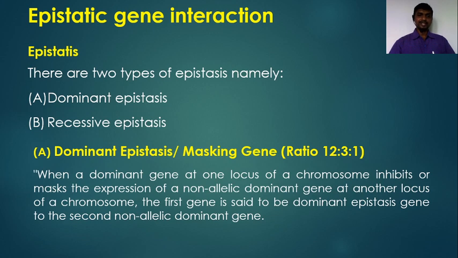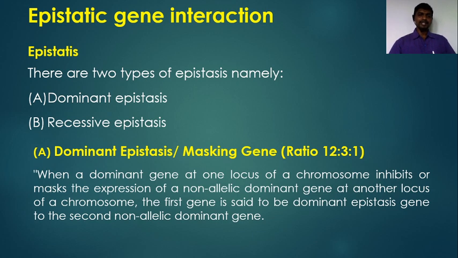In this case, a dominant allele of a gene at one locus inhibits or masks the expression of a non-allelic dominant gene at another locus. The first gene is said to be the dominant epistatic gene to the second non-allelic dominant gene. Suppose here there are two genes.